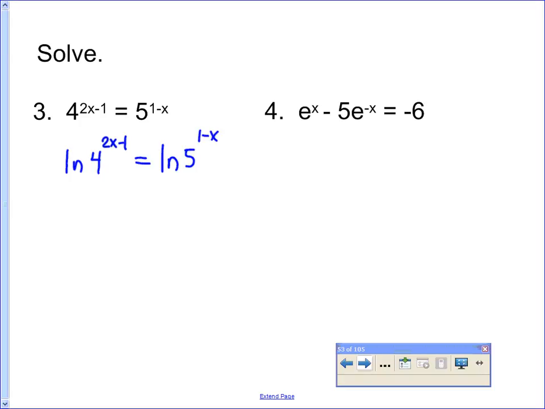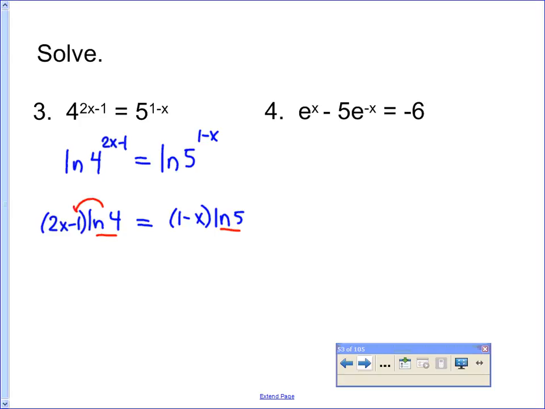Okay, that's going to allow us to pull our exponents out front. Now at this point, what you need to realize is that the natural log of 4 and the natural log of 5, those are just numerical values.